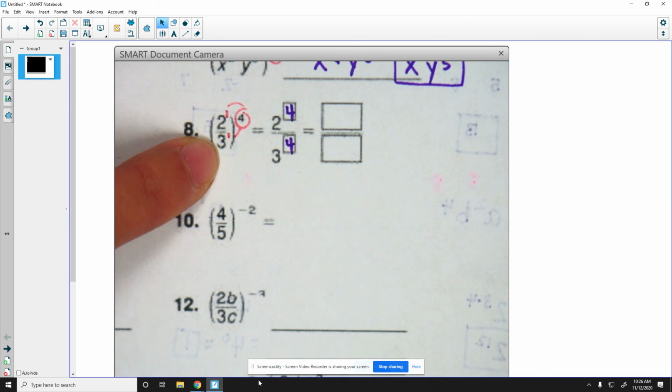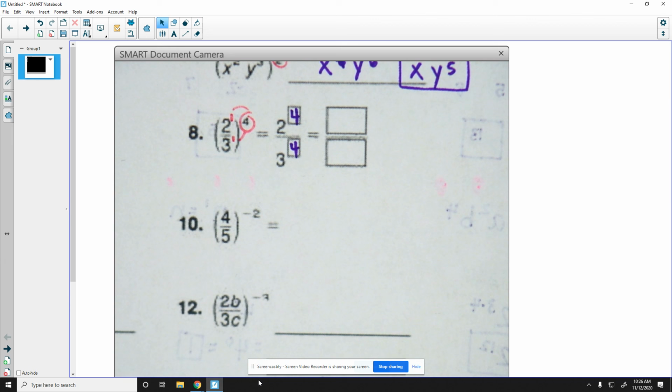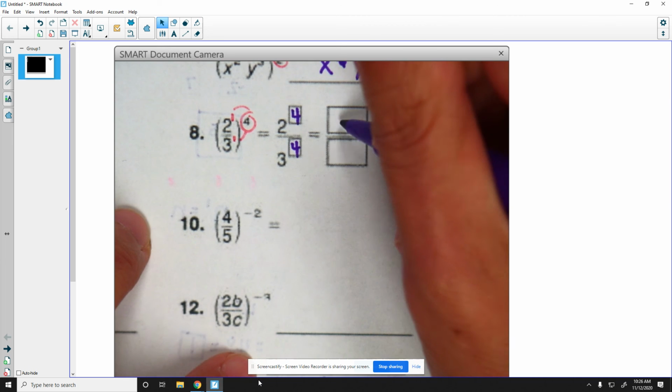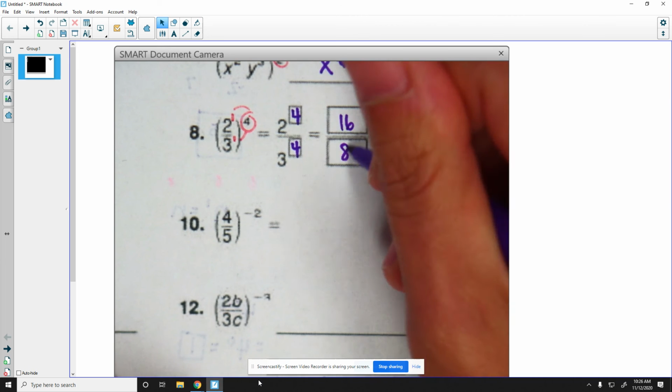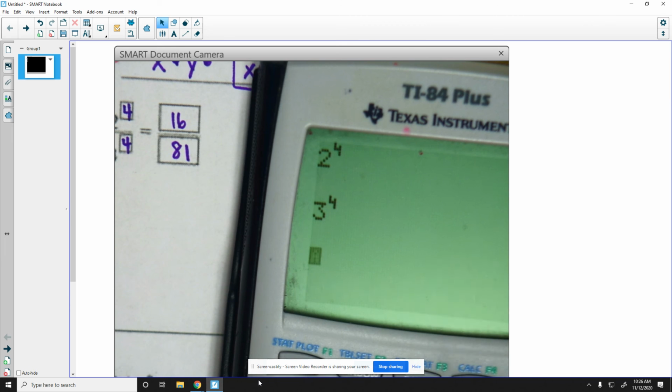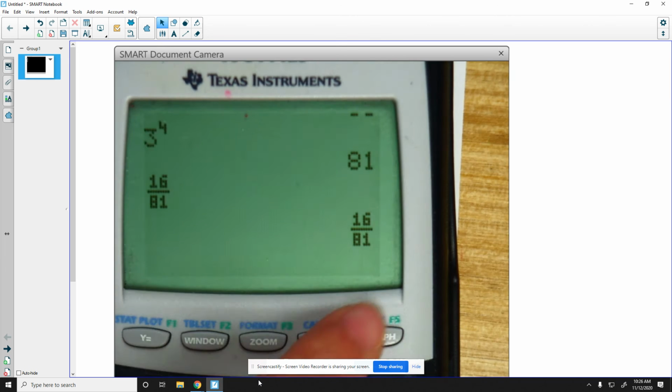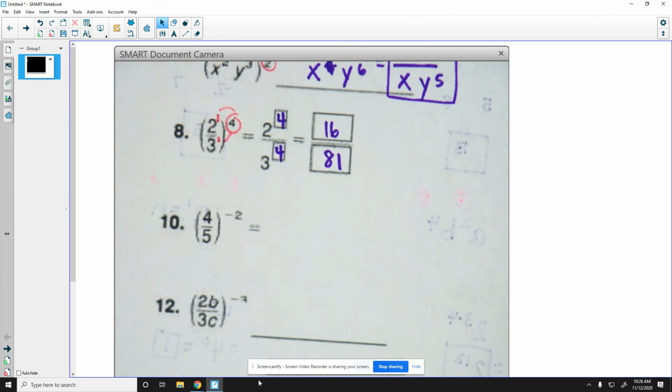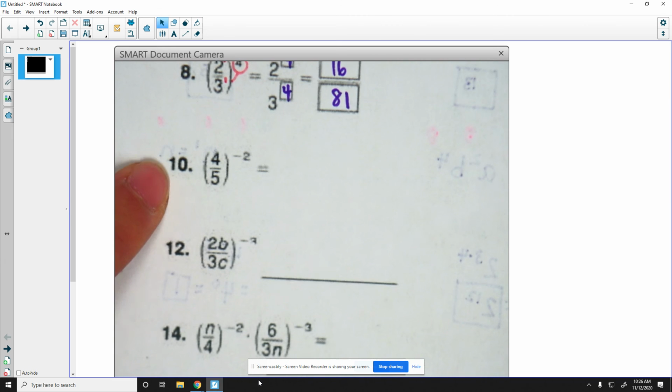And then 2 to the 4th is 16. 3 to the 4th is 81. Then just make sure that 16 over 81 is a fraction that you can't simplify. It's still 16 over 81, so I'm good.